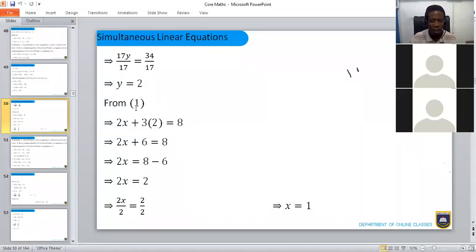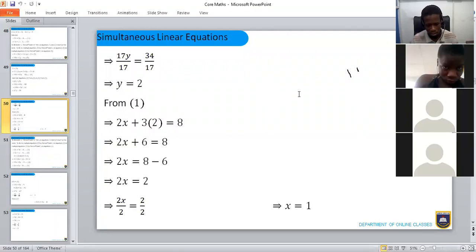Here we have equation 1. So 2x plus 3 into bracket 2 is equal to 8. We substitute the 2 for y into equation 1, so we have 2x plus 6 equals 8. Then 2x is equal to 8 minus 6. So 2x equals 2. When we divide both sides by 2, x is equal to 1. I hope you're okay.